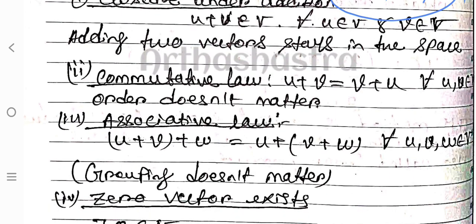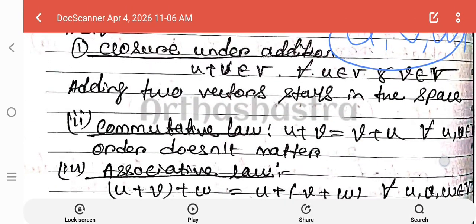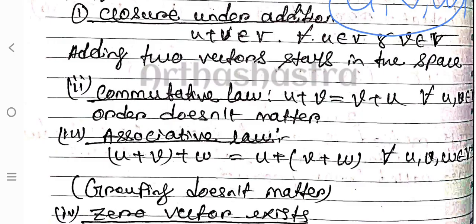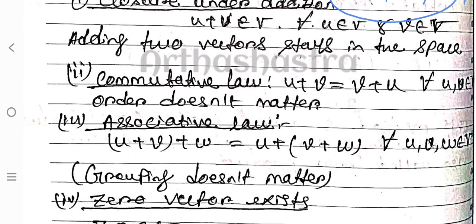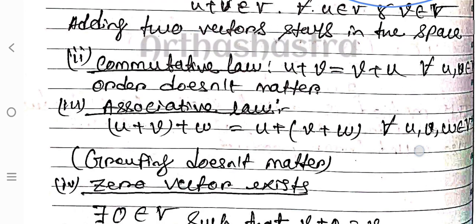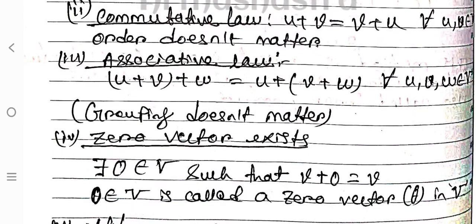Number two, the commutative law. As u and v belong to our space or set V, then u plus v equals v plus u. So the commutative law holds, and order does not matter here. And number three, the associative law.